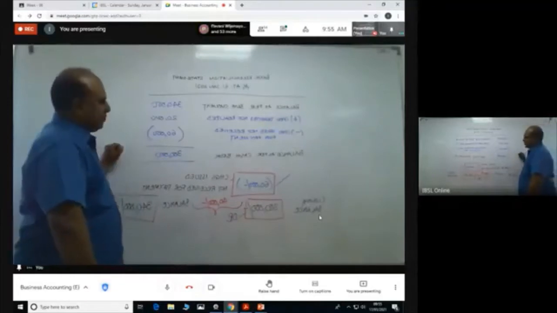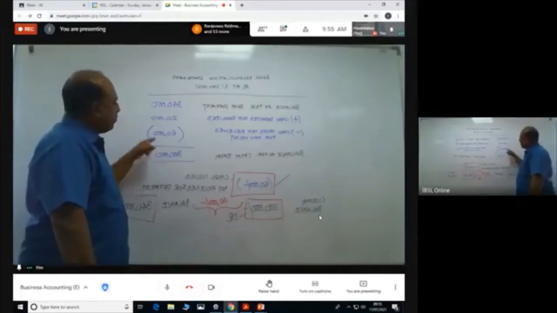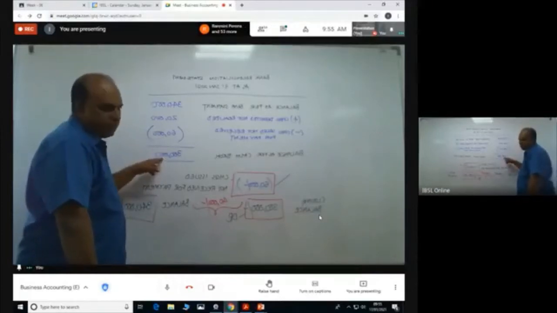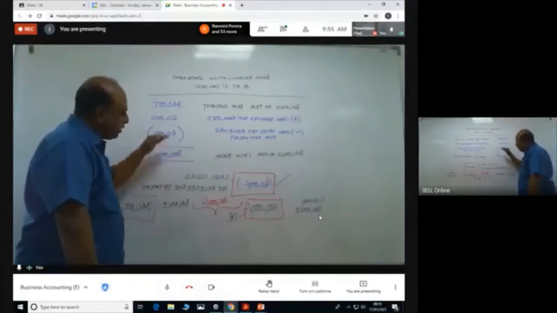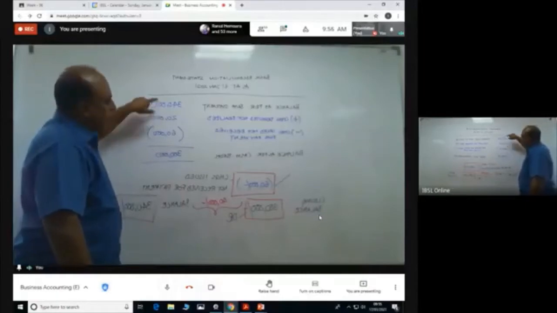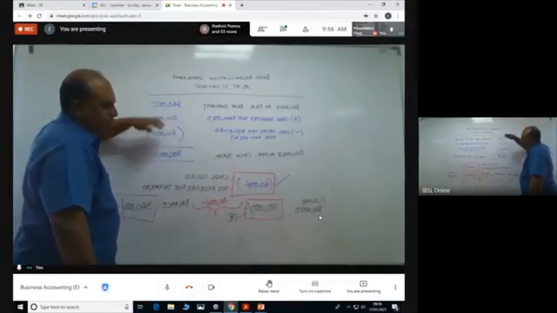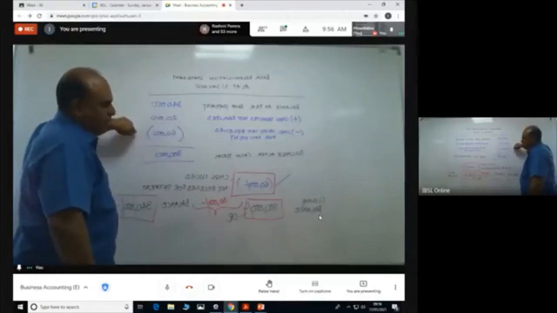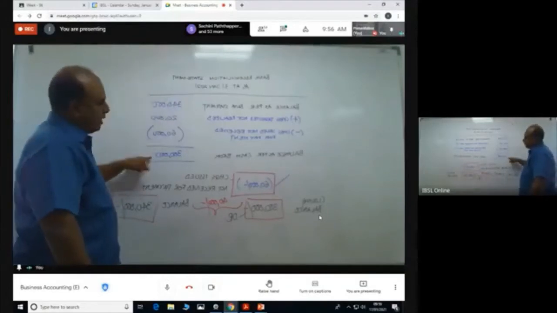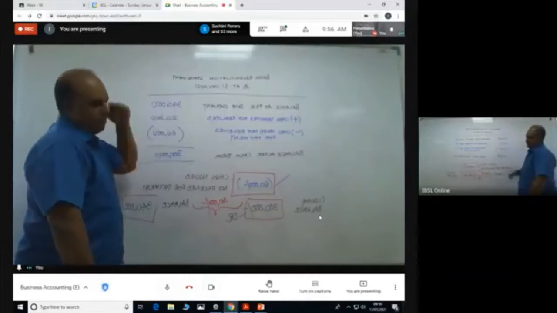Secondly, when I look at this 300,000, what has happened with this 60,000? That has already been deducted. That is why this amount is very low compared to this. But when you look at this balance, this has not got deducted because that check didn't come to the bank. So as a result, this amount is higher, more than this. So I need to take it out from here.